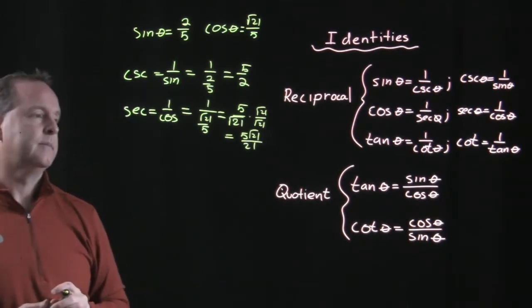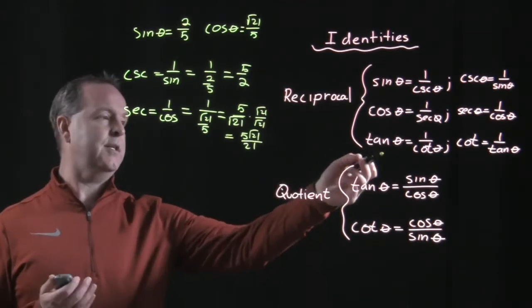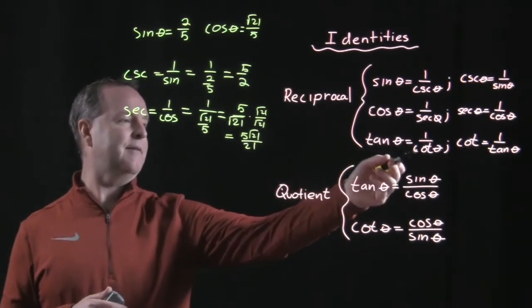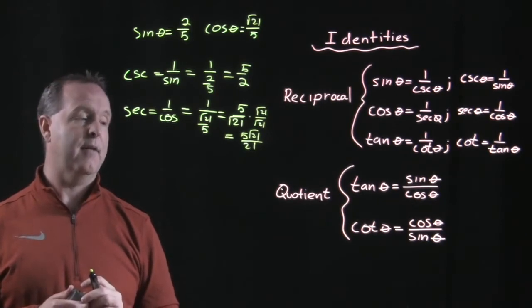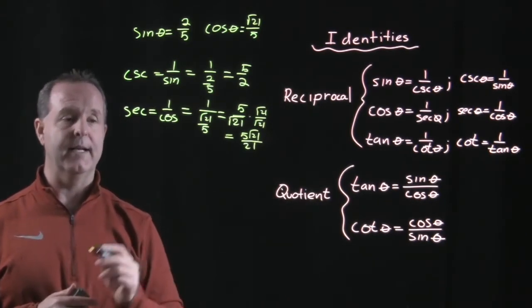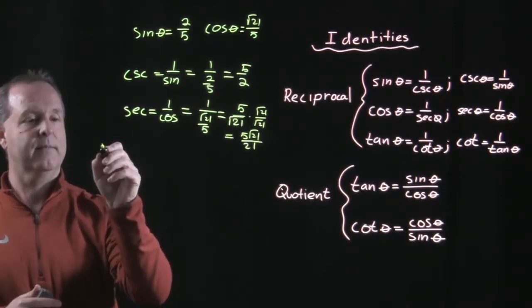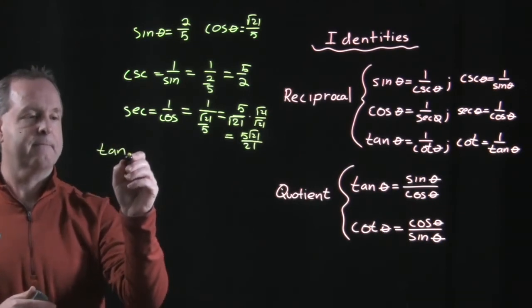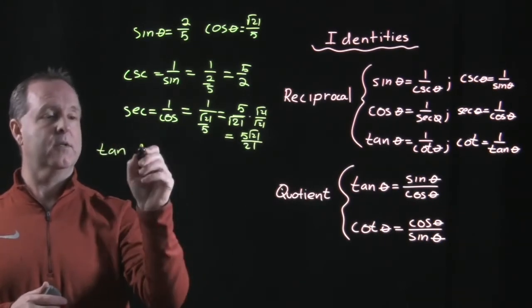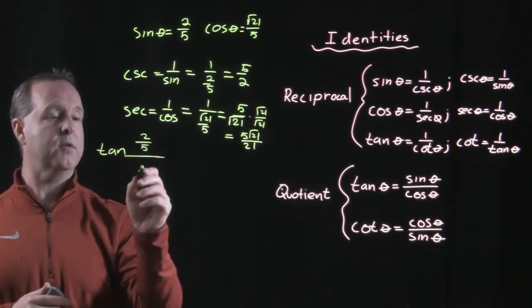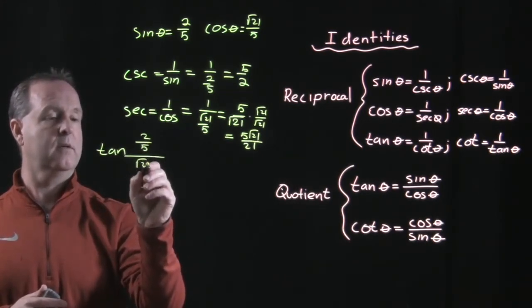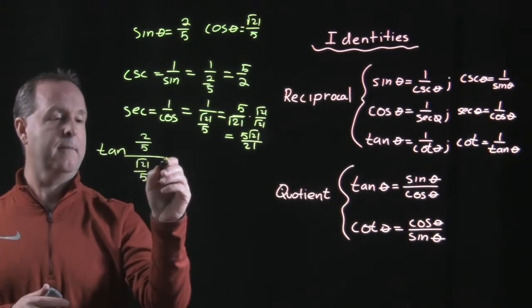Tangent. Tangent, 1 over cotangent. Well, I don't have a cotangent yet, so I can't use one of the reciprocal identities to discover that. I need to use one of the quotient identities. So the tangent is sine over cosine. So I'm going to have 2/5 divided by my cosine, which is root 21 over 5.